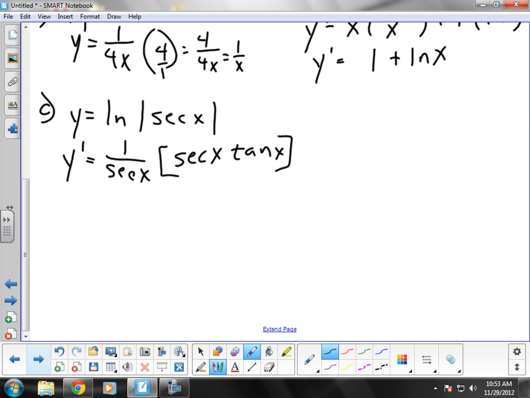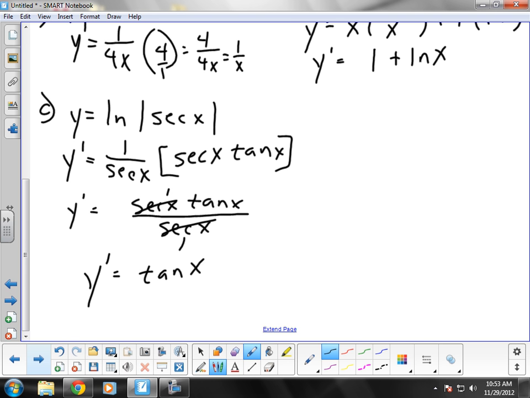Okay, so if I simplify this, I get the secant of x times the tangent of x over the secant of x, right? Because the derivative part is over 1, so it goes in the numerator, yes? And then everything's multiplied together, so the secant of x reduces out to 1. So the derivative of the ln of the secant of x is just the tangent of x.